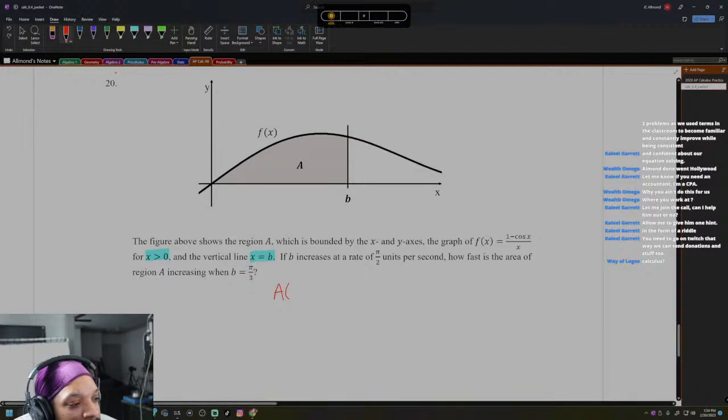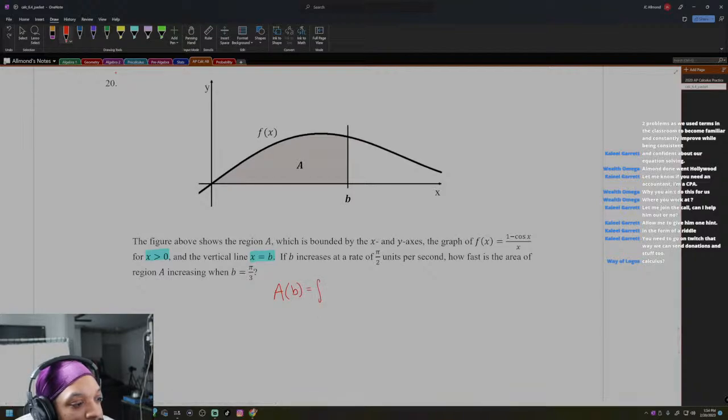Well, the area changes based on b, so I'm going to say A of b is equal to the integral from 0 to b of f of x dx.